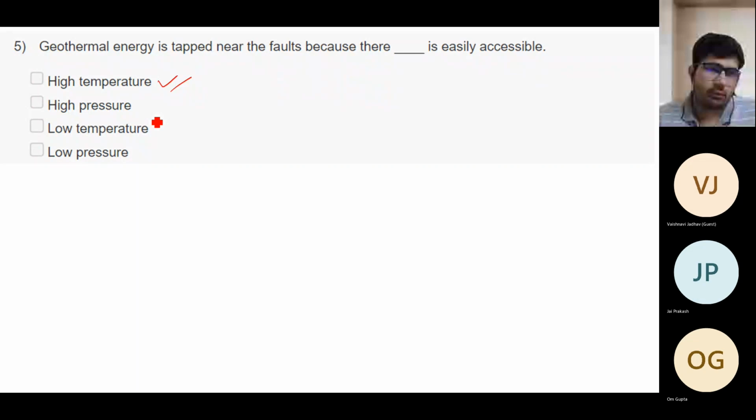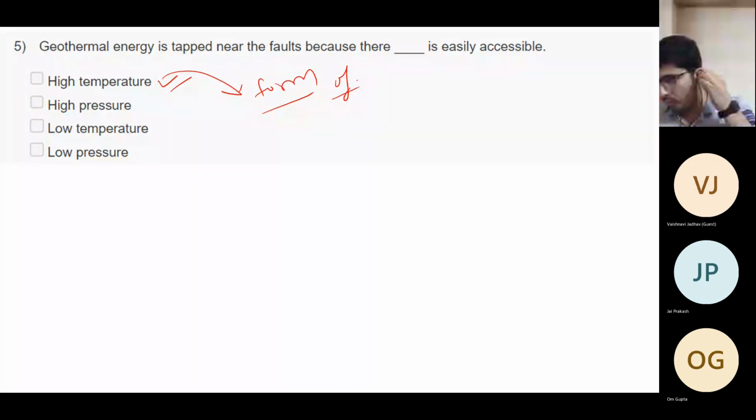High temperature in the form of hot water or steam. Yeah. So high temperature in the form of, you can say, steam or hot water. So we are using that steam or that hot water by various means. We have covered 3 possible options for geothermal energy plants.